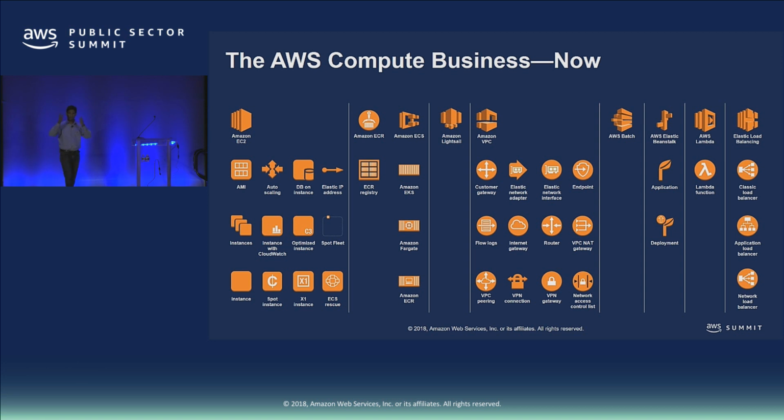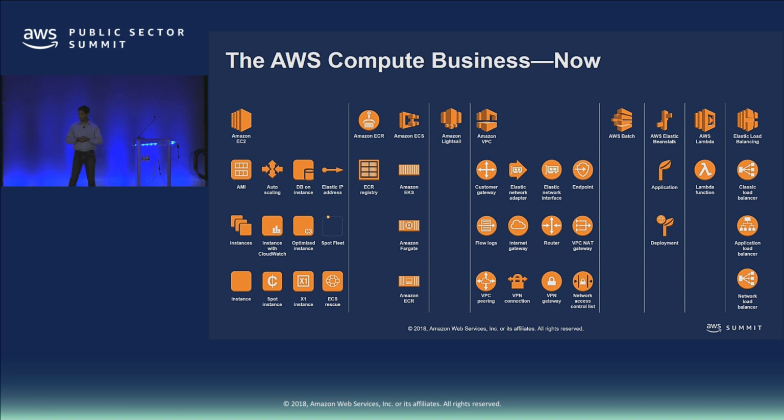And then you have a complete suite of container-based services, including ECS, which is Elastic Container Service, EKS for Kubernetes, and then you have ECR, the container registry. And then moving into the networking, we made a lot of advances in terms of networking within the EC2 fabric.